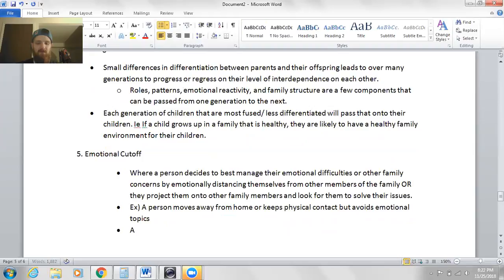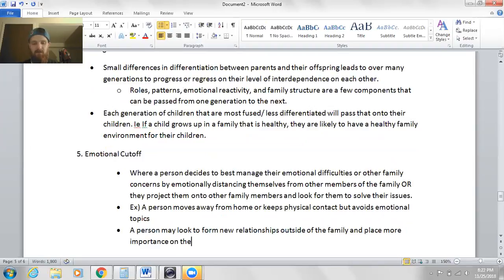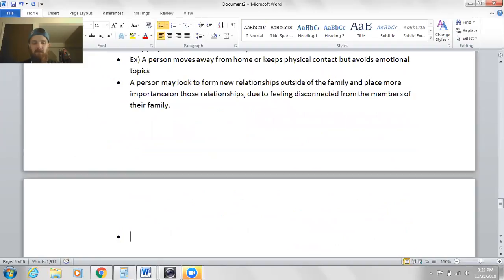So within this, a person may look to form new relationships outside of the family and place more importance on those relationships due to feeling disconnected from the members of their family.